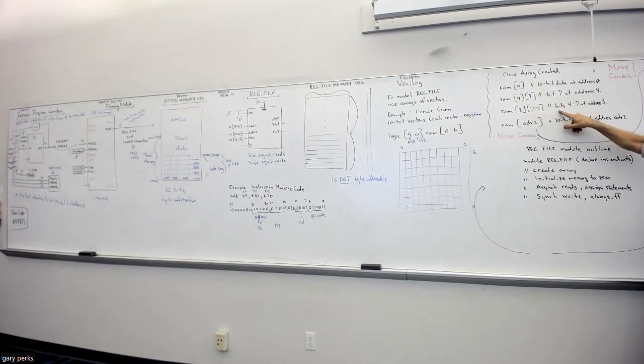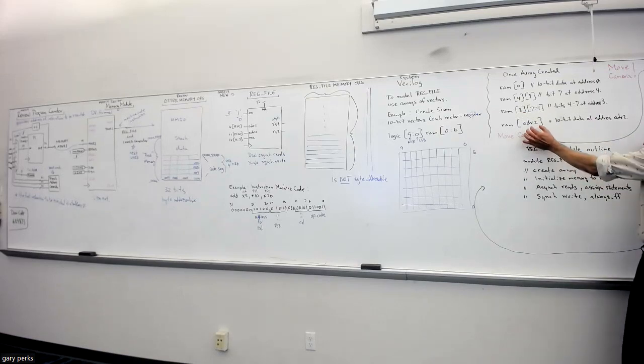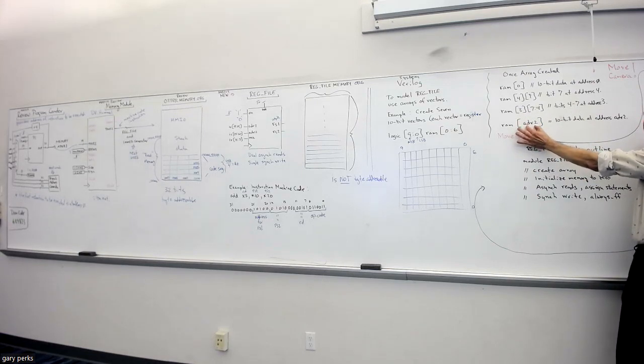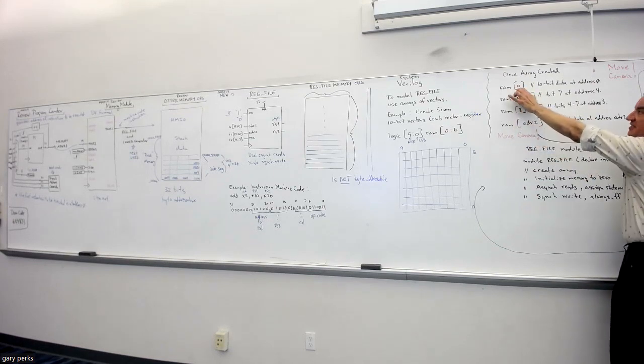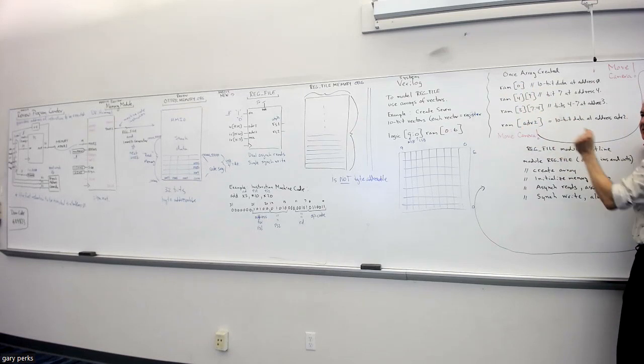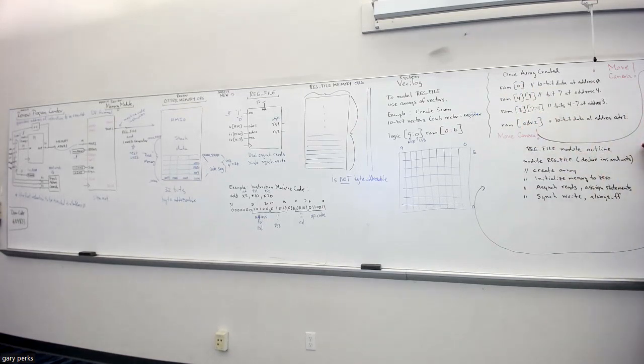This here takes bits 4 through 7 from register 3, address 3. And then if you put a variable within the brackets, that's gonna take the 10-bit data at whatever this address is. So instead of using a number, you're using a variable. Instead of using 0 like we did here, we're using a variable. That works the same way.